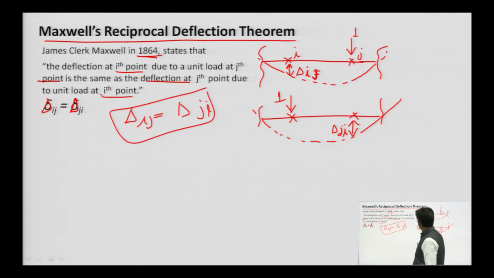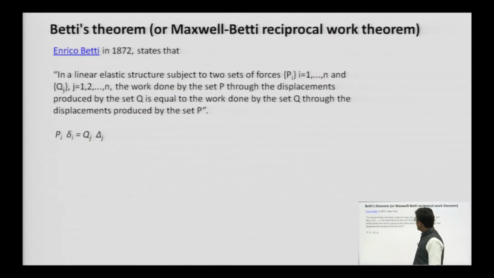After this, Betti's theorem was proposed in 1872, and this is the generalized theorem. That theorem is also called Maxwell-Betti's reciprocal theorem.